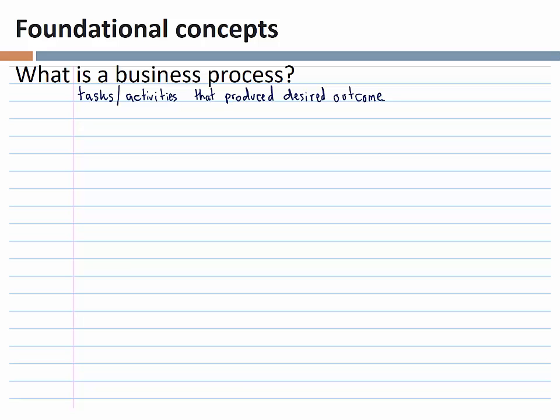What are other key things to keep in mind as we're building up the elements of a business process? What else is important here? Two things are mentioned in what's been said: tasks or activities, that's good, and desired outcome. What else is a part of this?